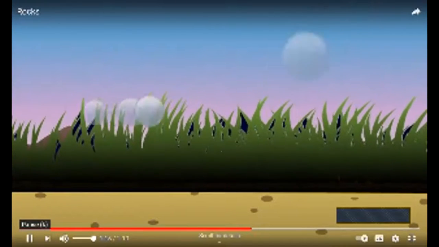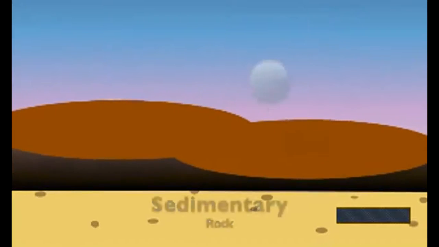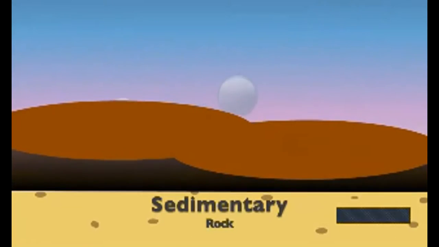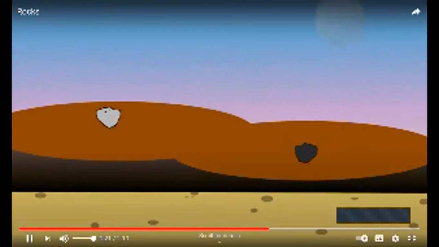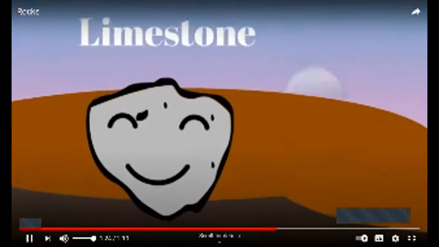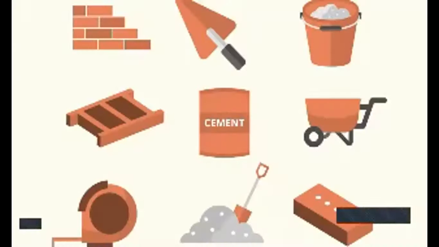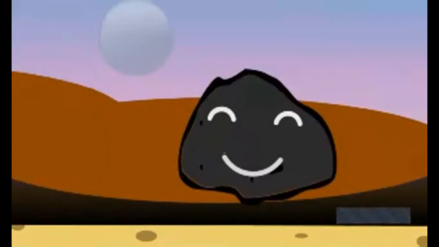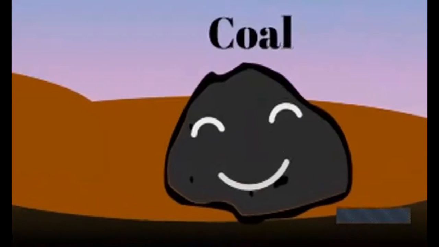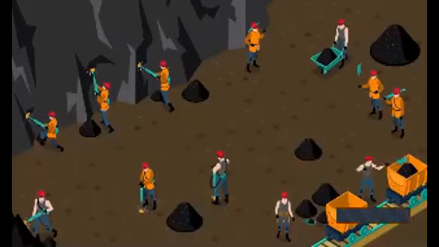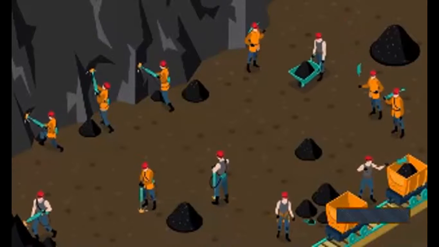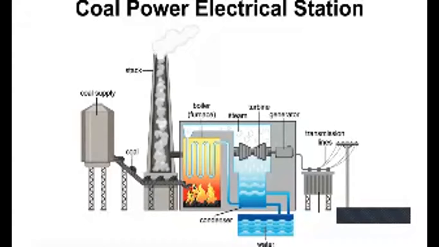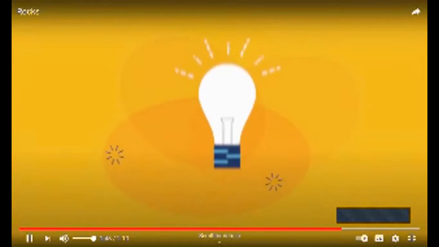They press each other, they solidify, and sedimentary rocks are formed, such as limestone, which is found in cement and used in the making of roads. This is coal. Coal is used in power stations to give us electricity and light.